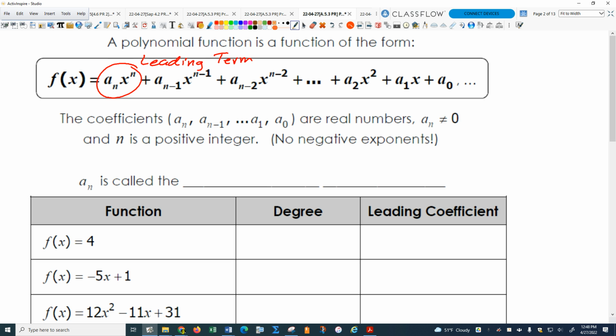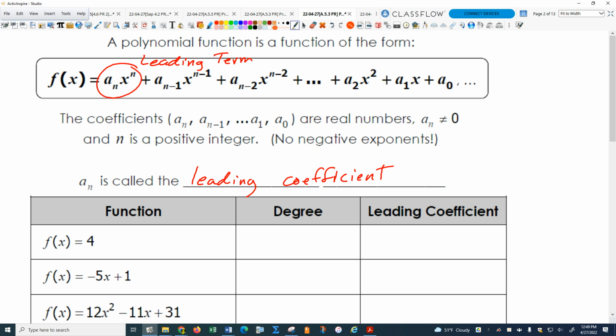It's the first thing we write down when we write the polynomial in standard form. So whatever number is being multiplied by that power of x, which we're calling a sub n in this case, is what we call the leading coefficient.